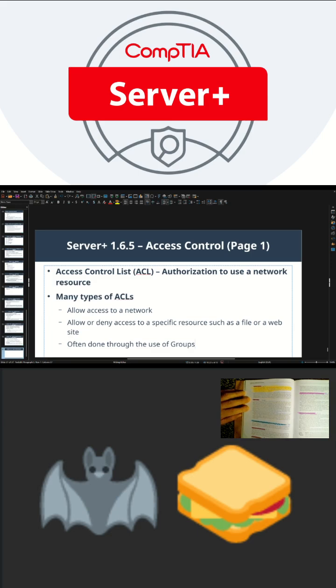In the real world and on the Server Plus exam, you have to be able to determine which permissions must be set to accomplish a specific goal. Okay. So let's go to page 2 and make a note of that.